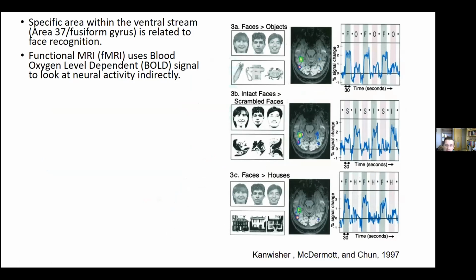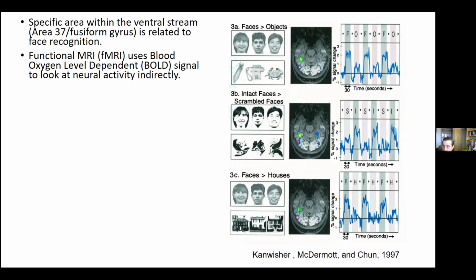Now, the specific area within the ventral stream, which we just talked about, is related to face recognition. We have conducted studies through functional MRI, or fMRI, that use blood oxygen level dependent signals, or BOLD, to look at neural activity indirectly.